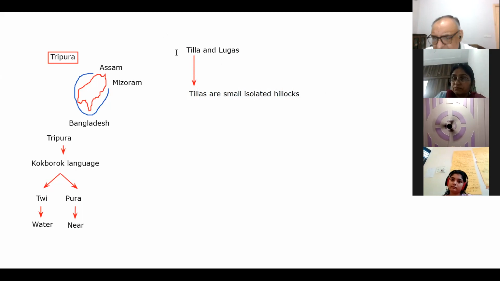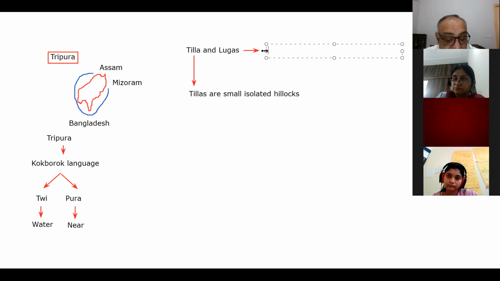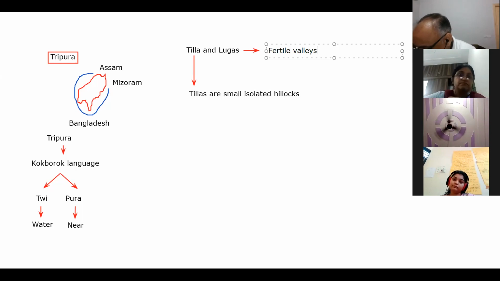Loga are the narrow fertile valleys, means fertile valleys are called logas. So these are the two terms which they use.